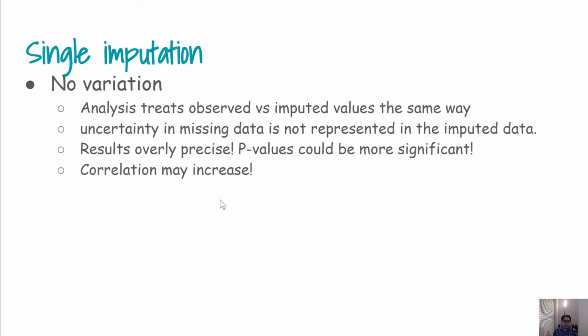As I have explained a bit earlier, one of the problems of the single imputation method is that there is no variation. So whatever value we are imputing, those are just fixed values.